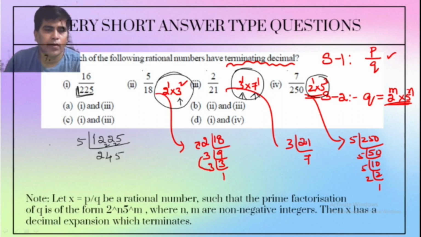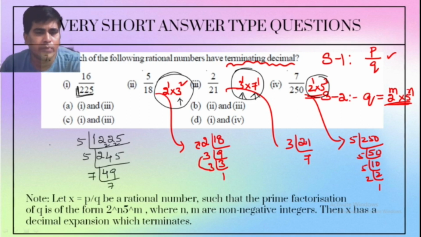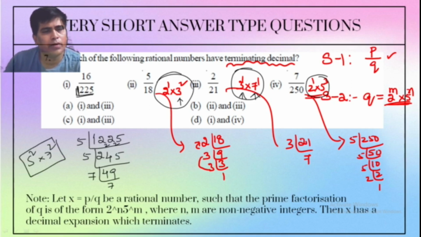So 245. Again it goes by 5 table. 5 fours are 20, 5 left out, 45. 5 nines are 45. So 7 sevens are 49. So this can be written as 5 square into 7 power 2.